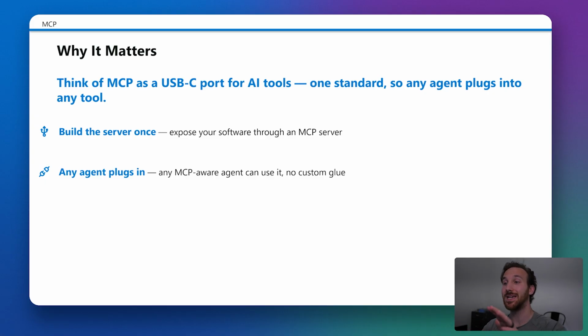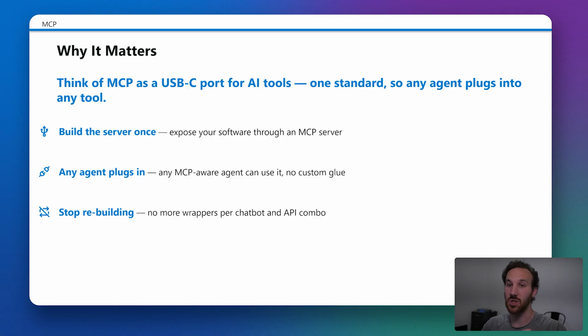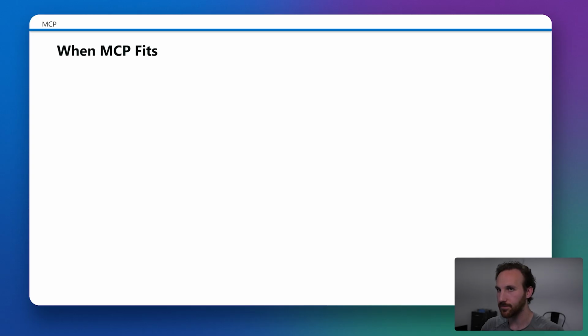You don't have to create any extra special code. As long as there's an MCP server and an agent that works with MCP, and most do, you can connect to it. This means you no longer have to rebuild all of that custom plumbing that was necessary before to connect existing software with AI agents.